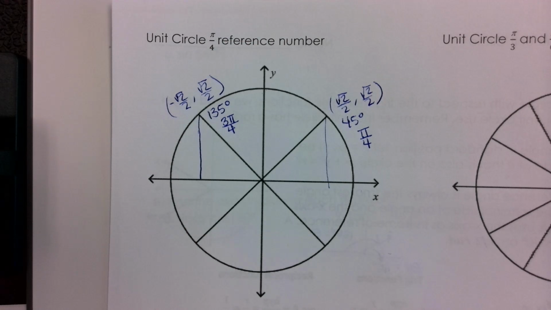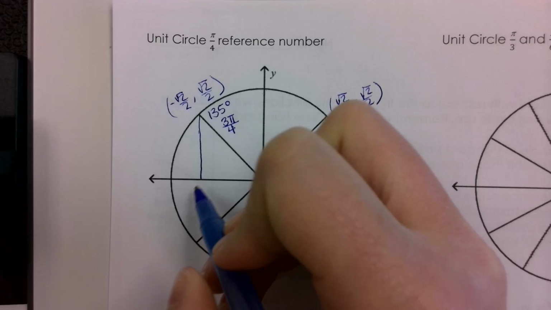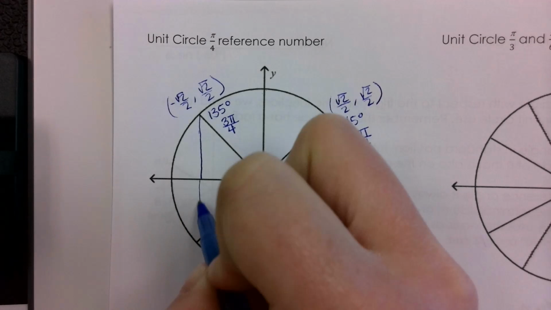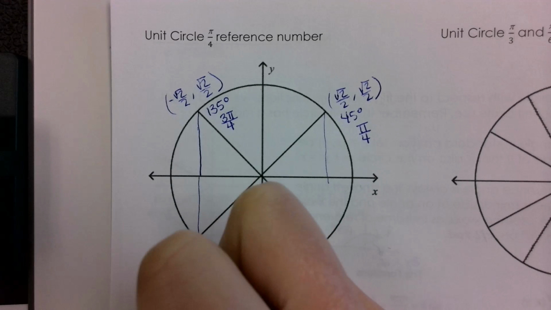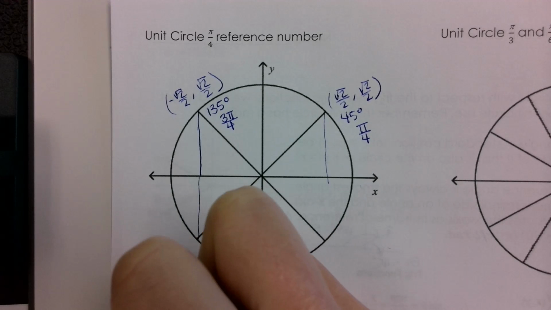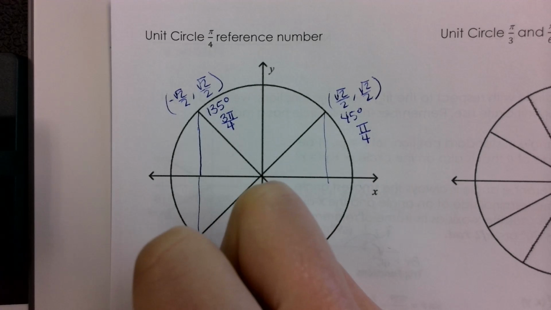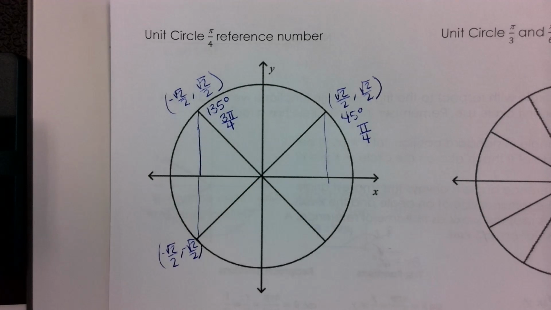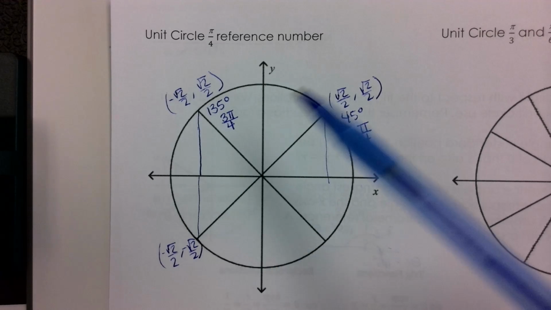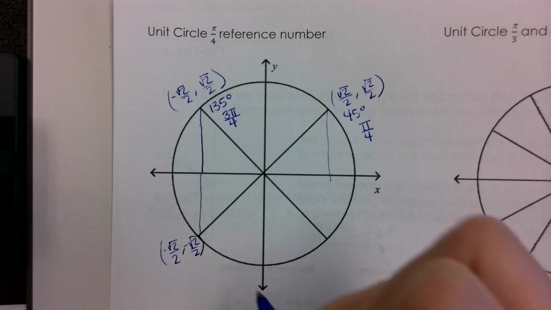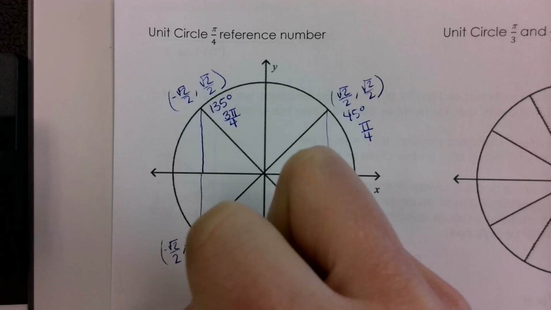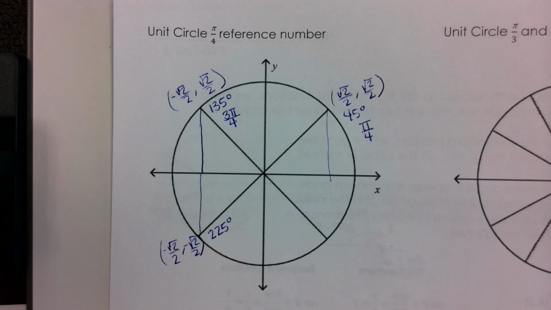If we move that triangle down into the third quadrant, what's going to change now? Our signs, they're both going to be negative now. So we'll have negative square root 2 over 2, negative square root 2 over 2. And if we add, it's 180 plus 45, so that's going to put us at 225. When you convert that to radians, you get 5 pi over 4.